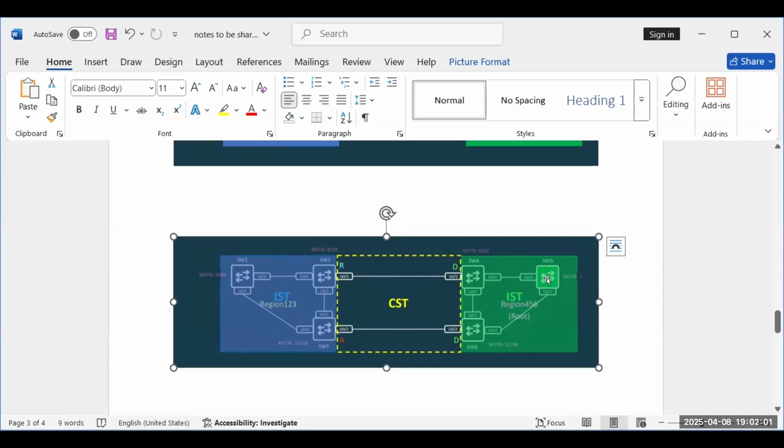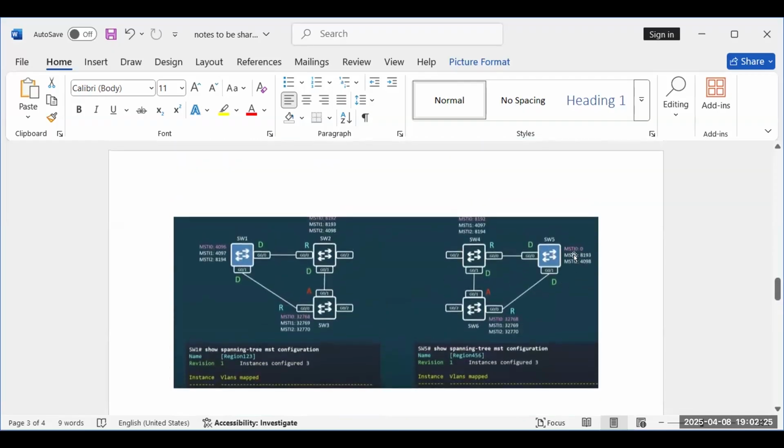Unless this root bridge goes down, the election process will take place in this switch, and those BPDUs will be sent to this region as well. If there is any bridge having a lower priority, that switch will become the root bridge. Say this is 0 in our diagram, this switch has priority 0. This has 32768, this has 8194.